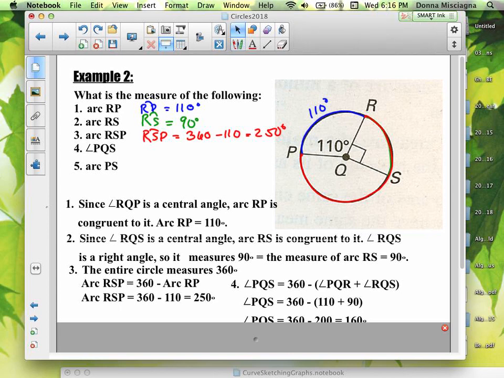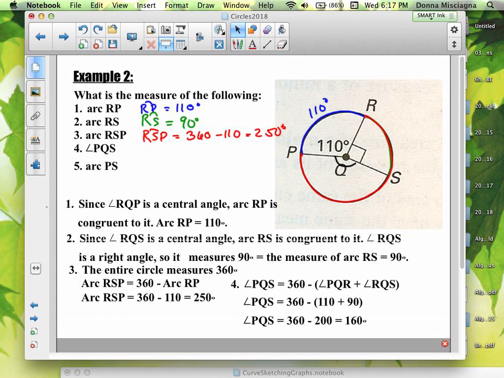Angle PQS is right here. Not as big as arc RSP because its intercepted arc is PS. So arc PS, or angle PQS, is equal to the entire circle minus, we have to subtract angle PQR, and we have to subtract angle RQS.